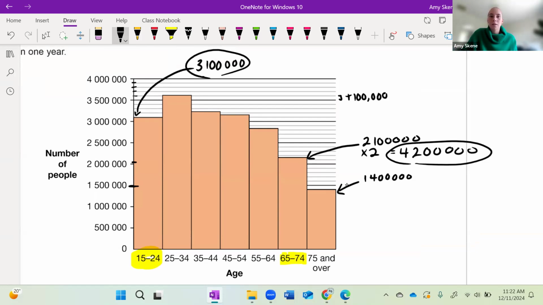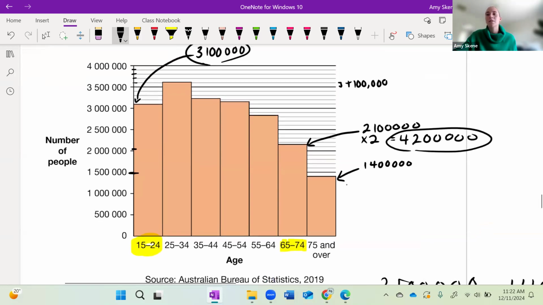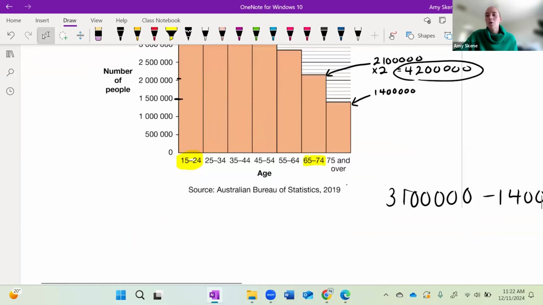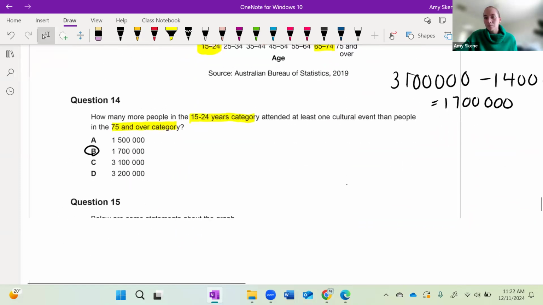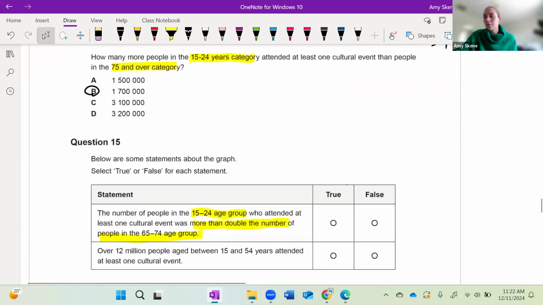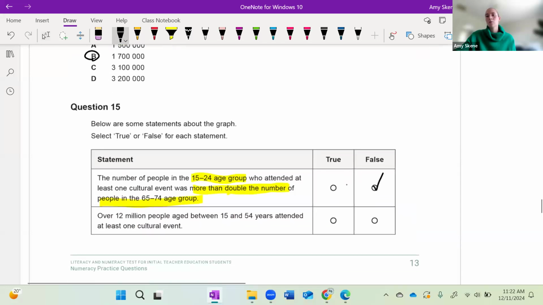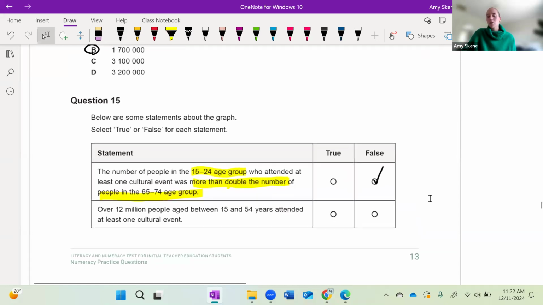The number of people in 15 to 24 is lower than the number that we calculated would be double the age group of 65 to 74. So it is not true. It is false. It wasn't more than double the number of the 65 to 74 age group.